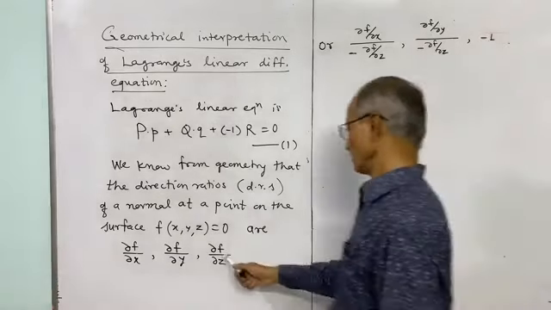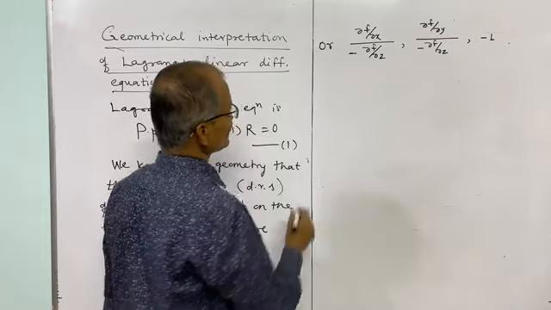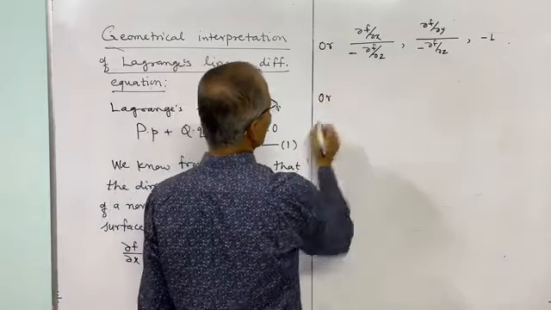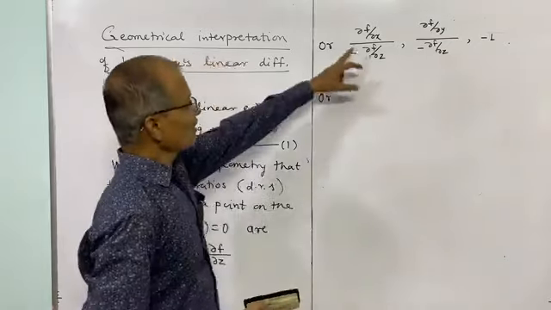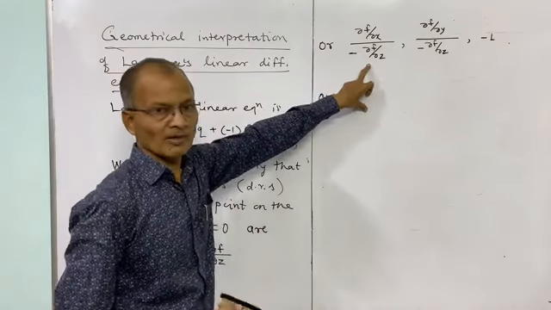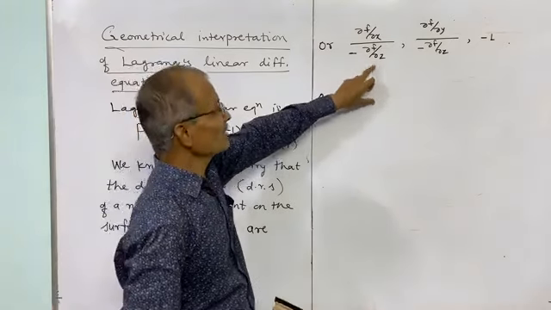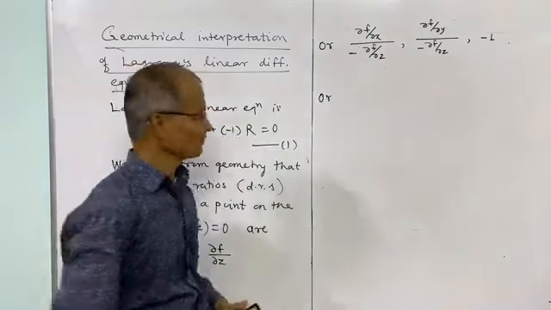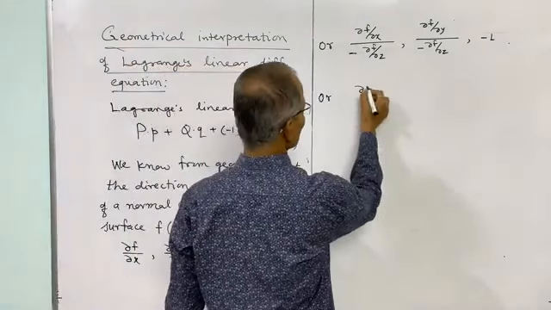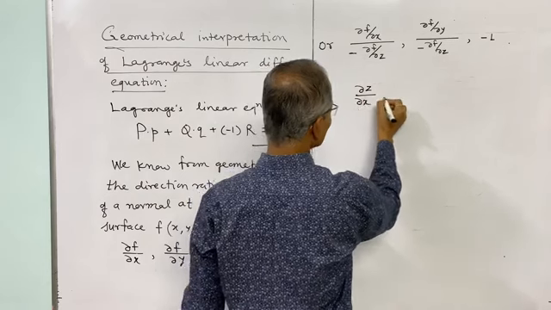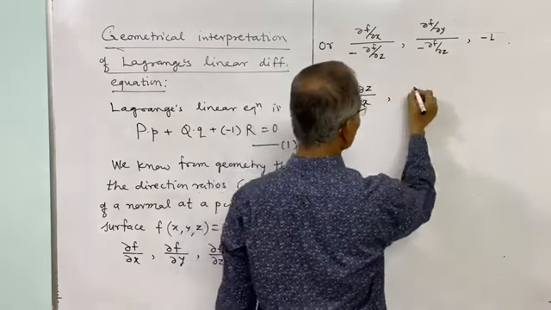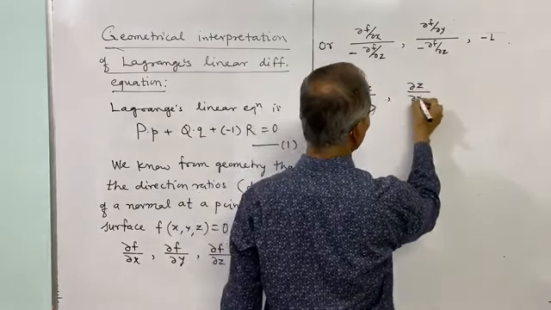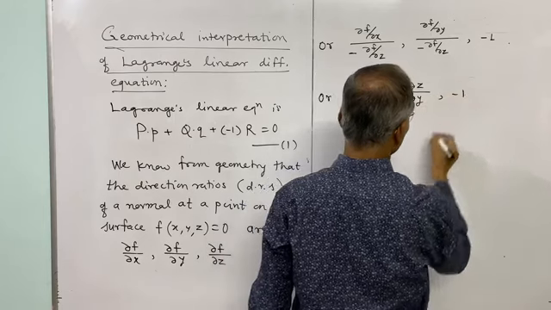Now see, by the result of derivative of implicit function, this represents the derivative of z with respect to x, partial derivative. So this is dou z by dou x. This represents the partial derivative of z with respect to y, dou z by dou y, and minus 1.